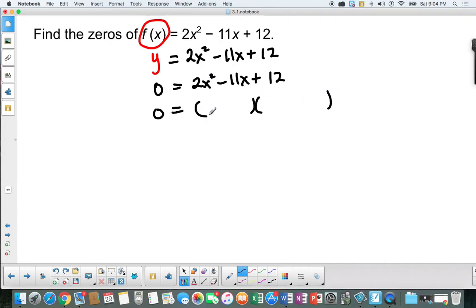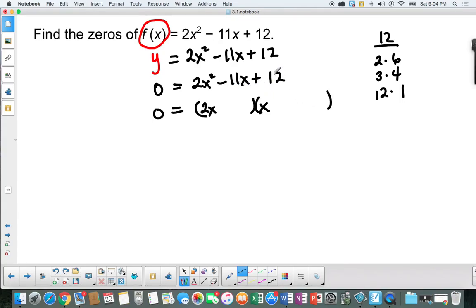I'm going to split up the 2x squared with 2x and x. And then I have some choices for 12. So 12 can be factored as 2 times 6, 3 times 4, and 12 times 1. Now I want to somehow get an 11 out of here.